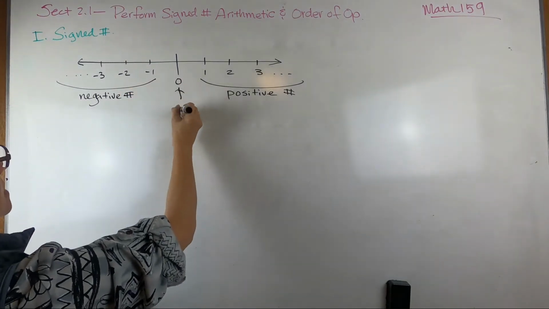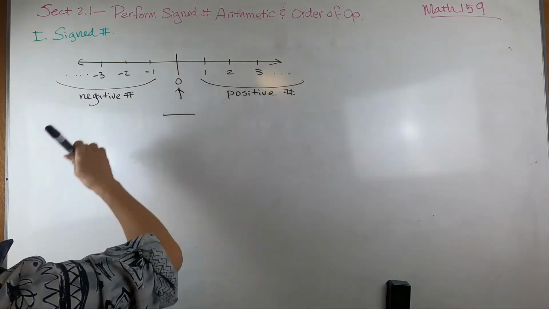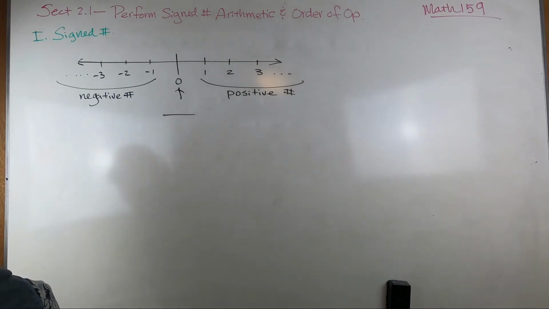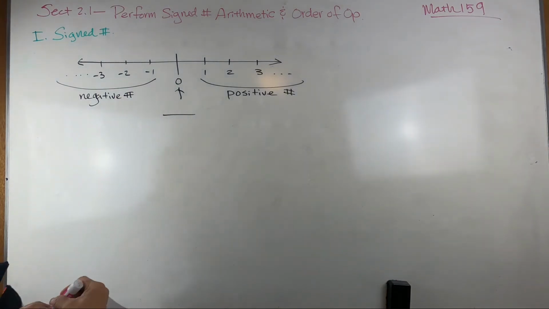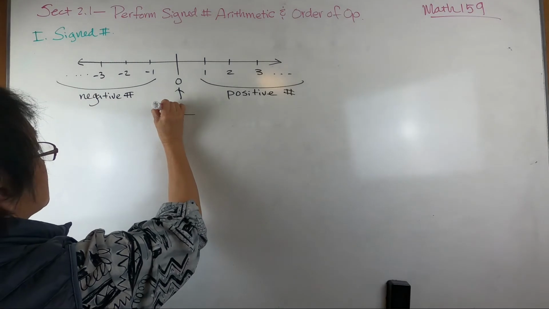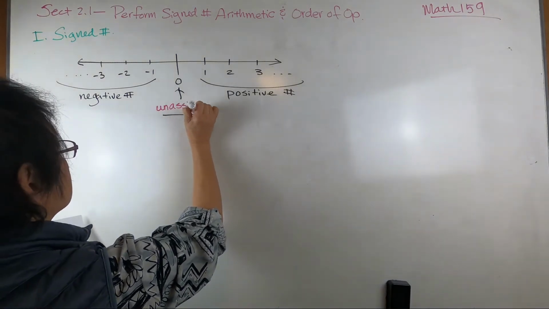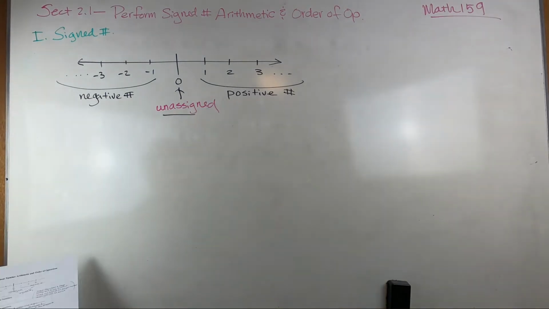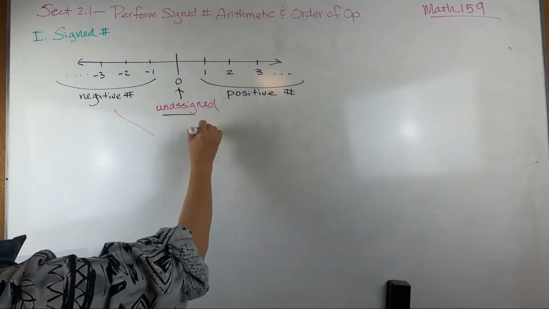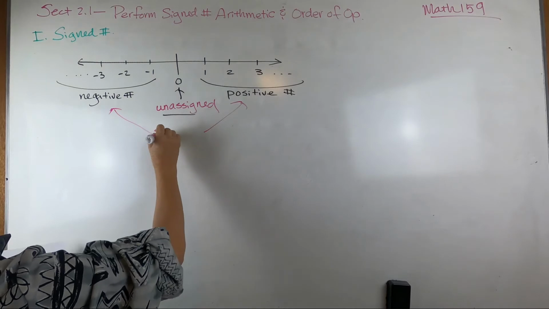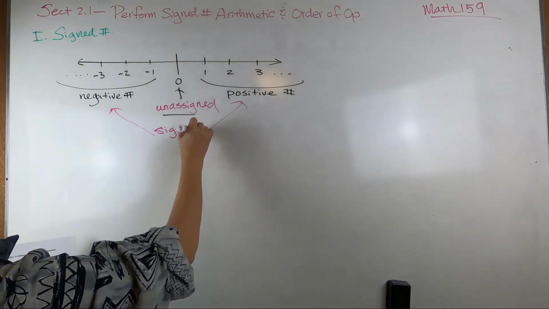What do you think of the 0? Does it have positive and negative? No. So 0 is special, right? It's unassigned. No sign for it. Then for positive and negative, we'll call them what? Signed numbers.